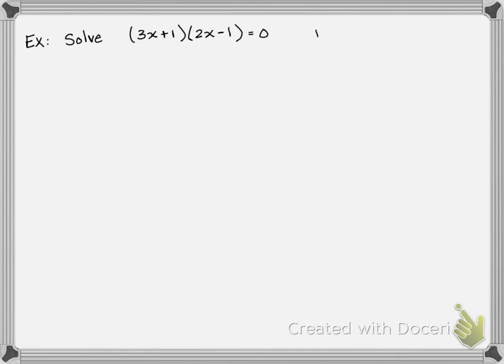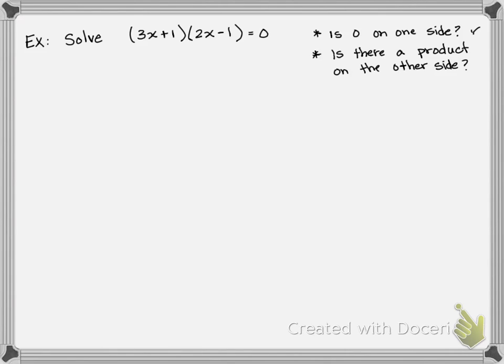So we want to ask ourselves, is 0 on one side? Yes. Is there a product on the other side? And remember that a product is just a polynomial in factored form.